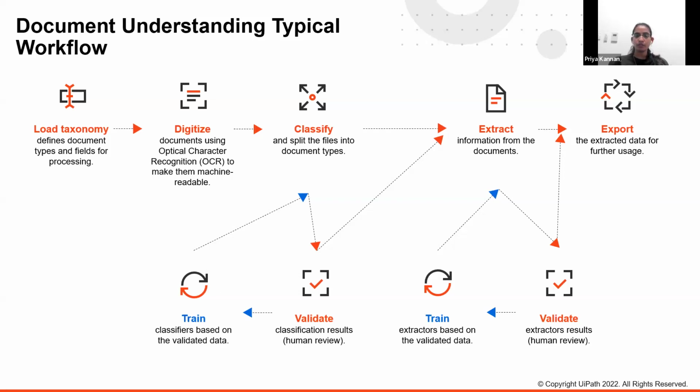If the bot is not able to understand or classify which type of file it is, then an action comes for the human. We verify it and teach the bot. Once we validate it, it keeps a record of what we have told it, and it is a continuous process. Once we classify, we go to extract, which is where we usually get the information we want.